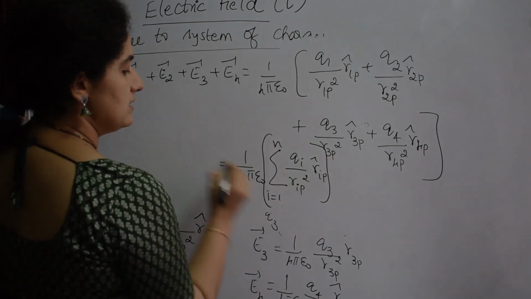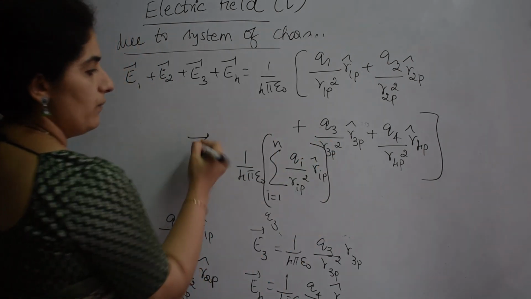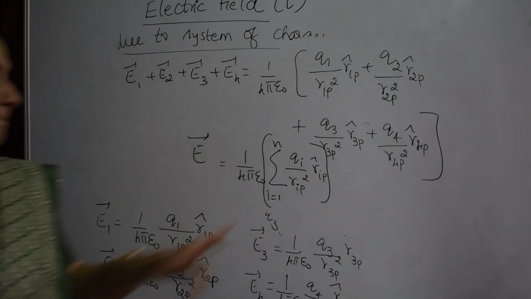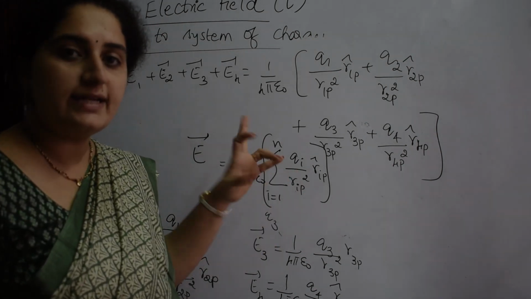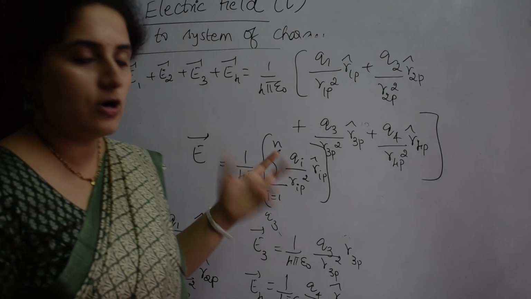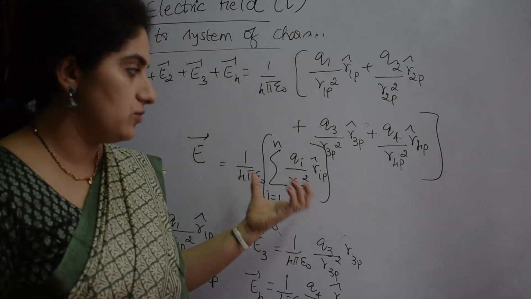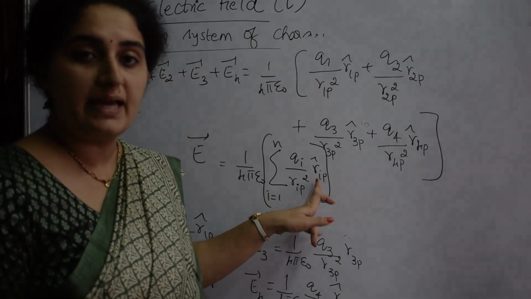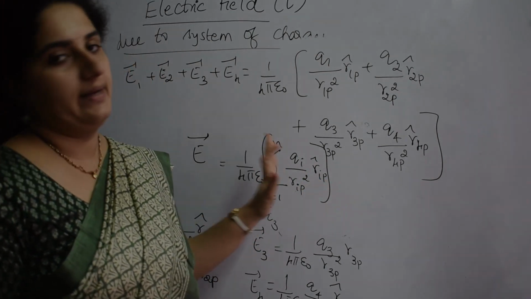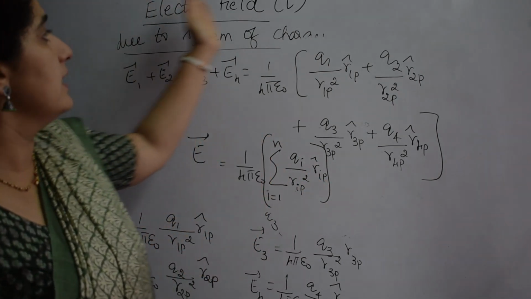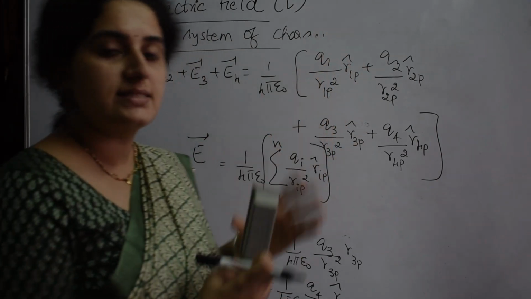So this is the generalized notation for vector E, if I have n number of charges. So Qi divided by RiP square, you have to add, multiplied by its unit vector. So this gives the electric field due to a system of charges.